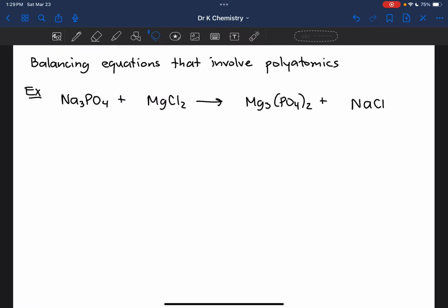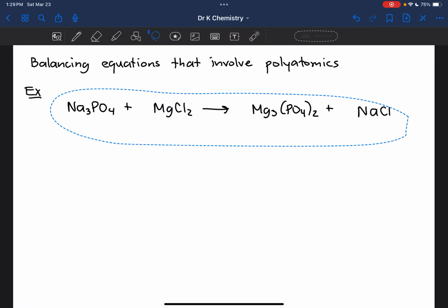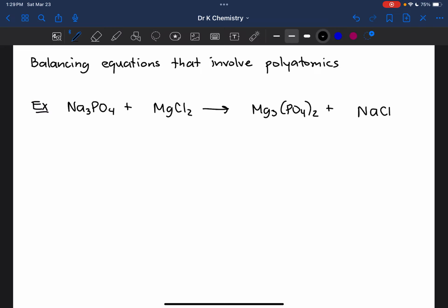The easiest and most efficient way to do this is to keep the polyatomic as a whole unit, which means we're not going to treat each atom individually because that would take a really long time.